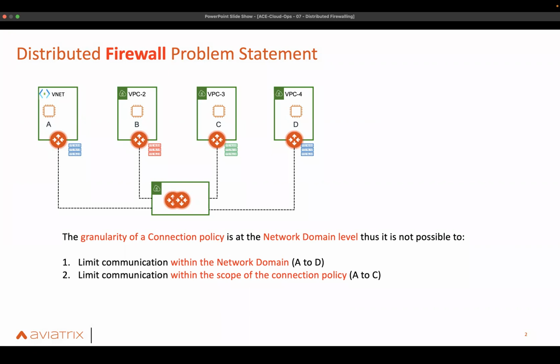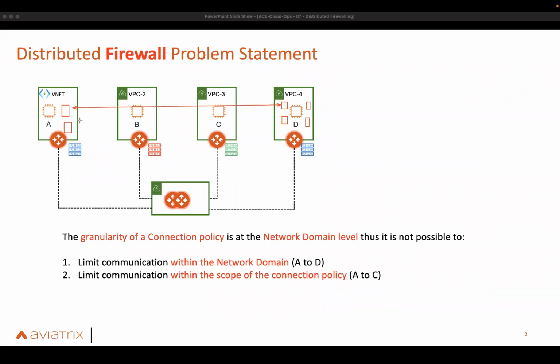But if you want to get granular, let's look at the two blue or the two dev domains within our environment that have the instances A and D. If I were, for example, to launch 50 instances here and 50 instances in the other VPC, I am not able to dictate which instance in the VNet can communicate to which instance in the VPC.